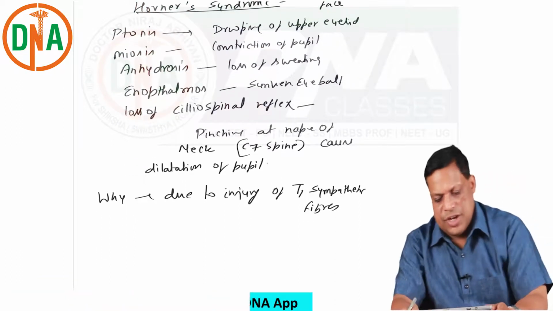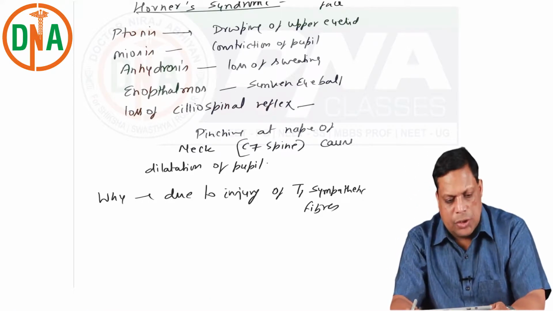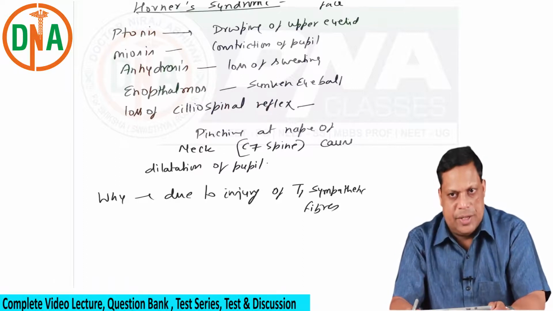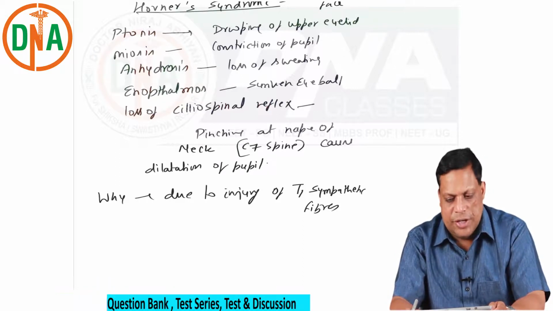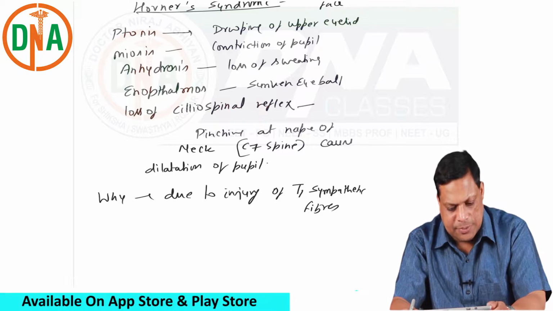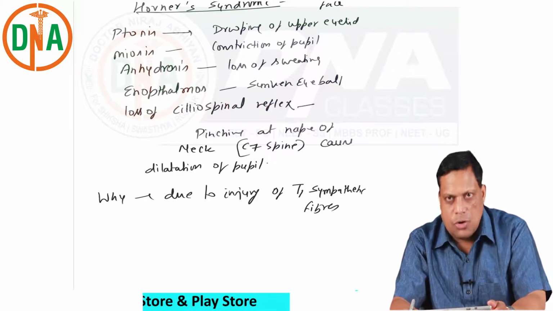Because C8 T1 injury happens at the C8 T1 nerve. So T1 nerve has two types of fibers, sympathetic fibers and somatic fibers. Somatic part damaged leads to claw hand deformity, Klumpke's paralysis. While the T1 sympathetic component, when cut off, causes Horner syndrome.